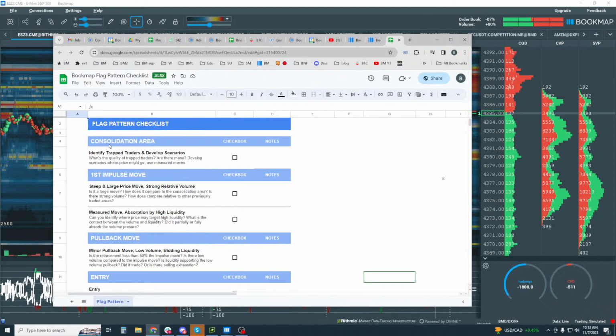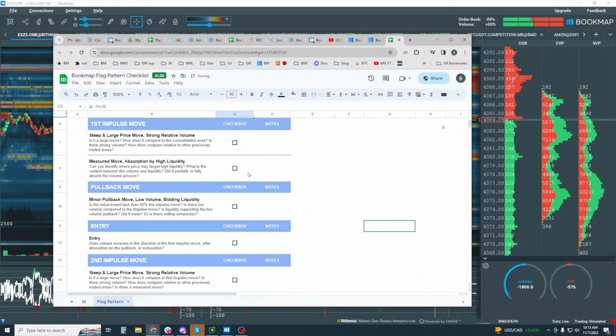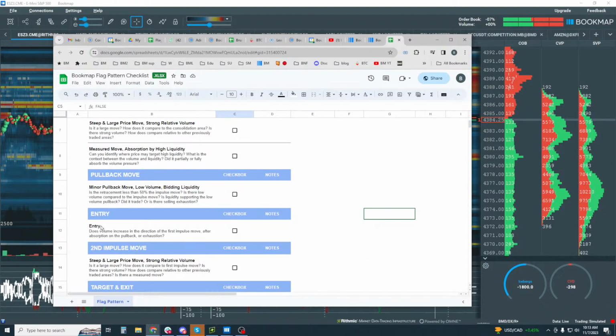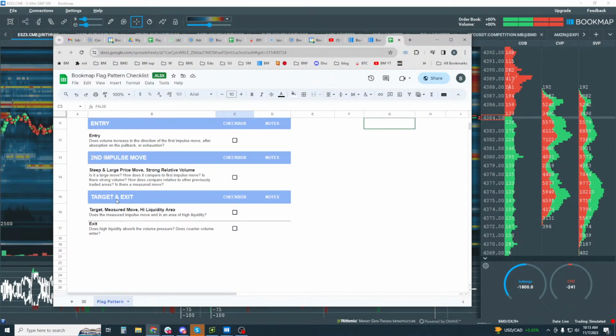If you see these things, consolidation area, identify trapped traders and develop scenarios. Did you do that? Check it, right? Go through the checklist, and then you can start to weigh your entry. Do I have justification for an entry in here? And then you're looking for a second impulse move, and then you're starting to look for your target and your exits in here.